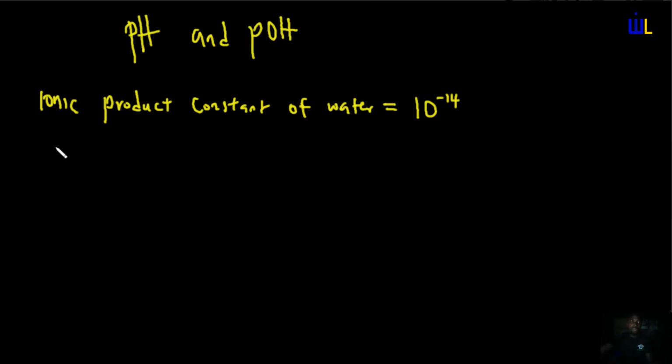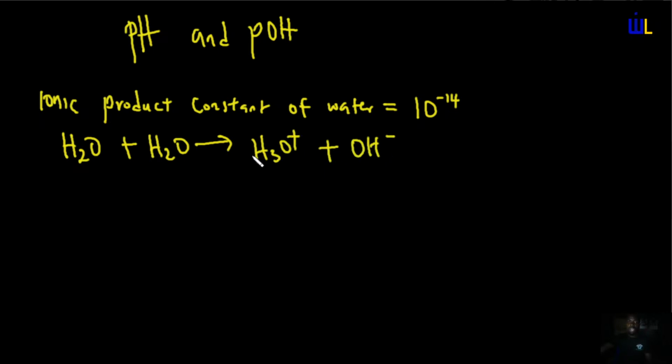So when you have a water molecule, for instance, reacting with a water molecule, you will notice that it is going to give H3O plus and OH minus, which are both ions, and this process is what we refer to as an auto-ionization process. It's not necessarily an emphasis, but it's just important you know this.